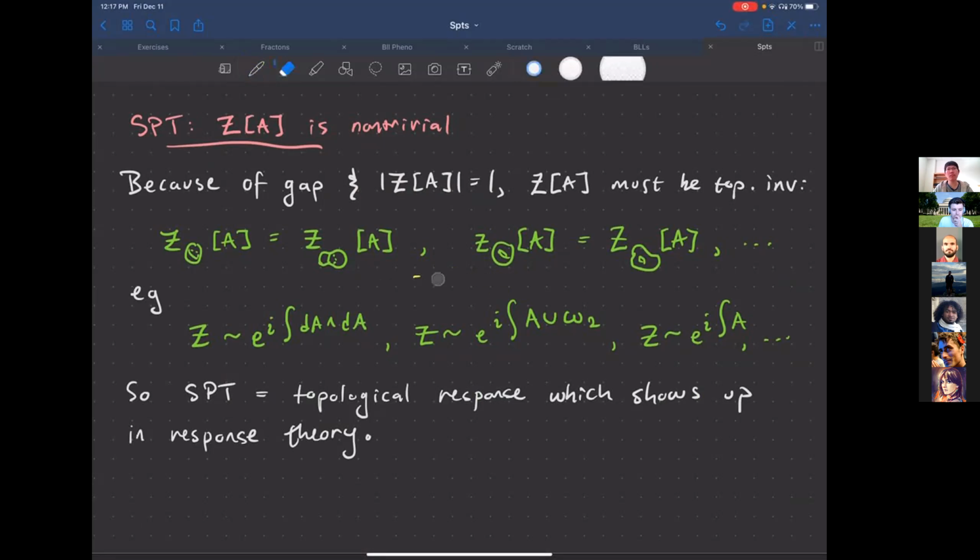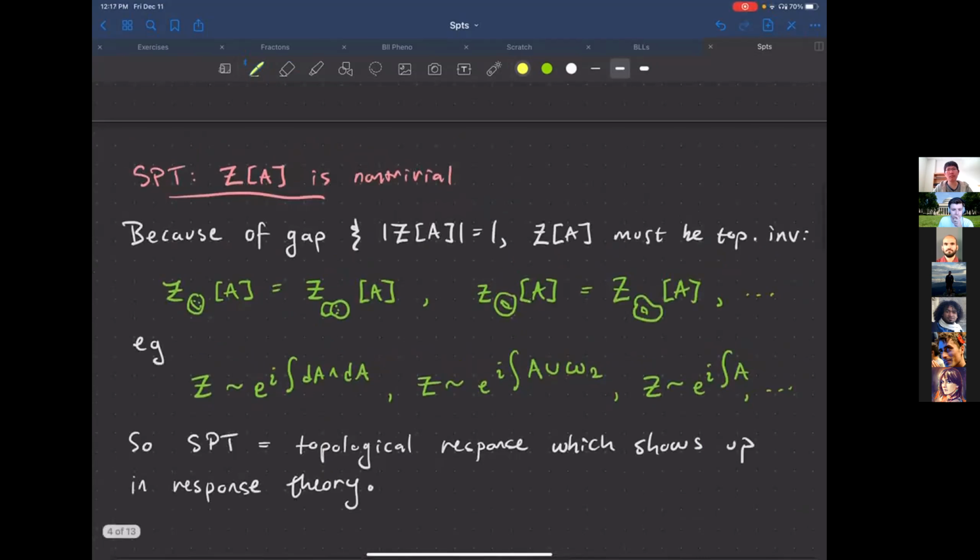of the topology. A kind of intuitive way of understanding this is that if you put your system on a torus like this, and then make some kind of local deformation to this torus, making some bump somewhere, then the system can only know about this bump if it has degrees of freedom which can be localized and can know about the fact that you've made some local bump in the system, right?